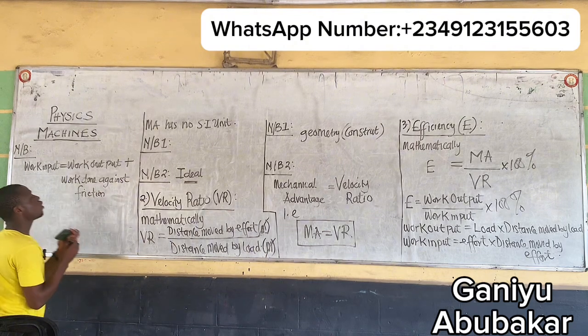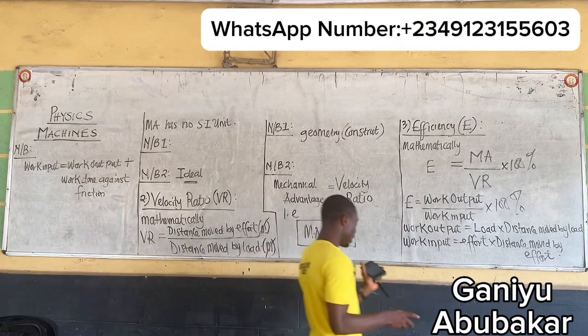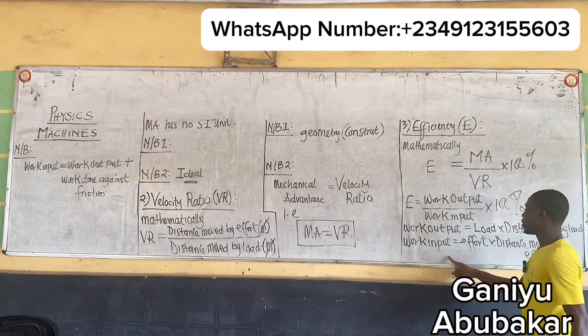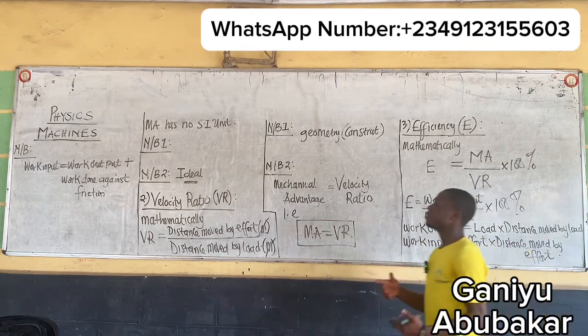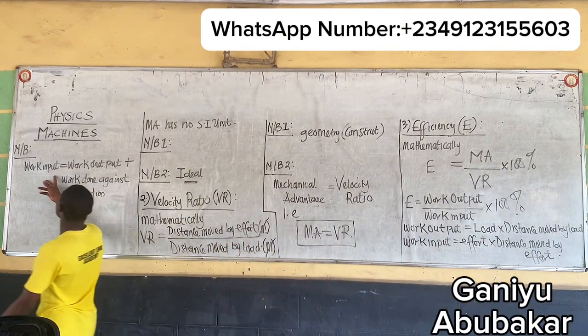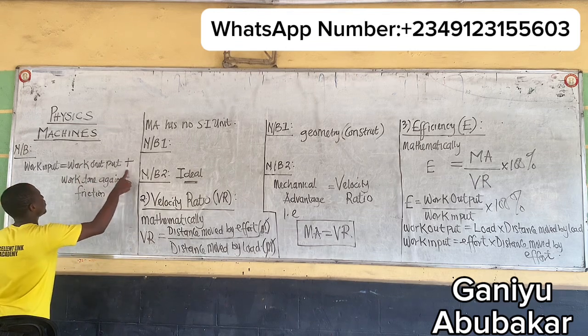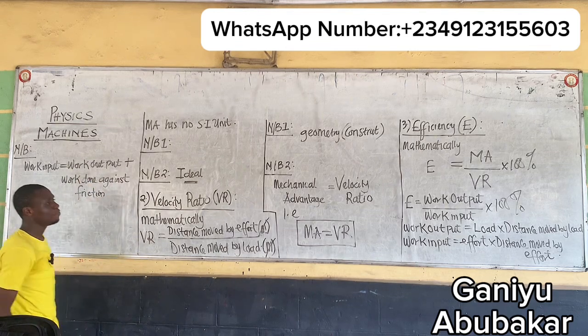So work input has a different formula. You can use work input as effort times distance moved by effort, or you express work input as work output plus work done against friction.